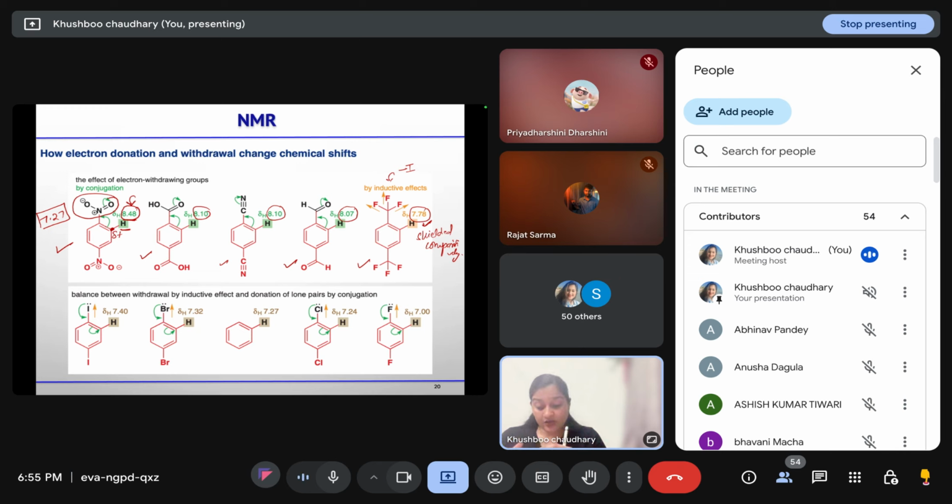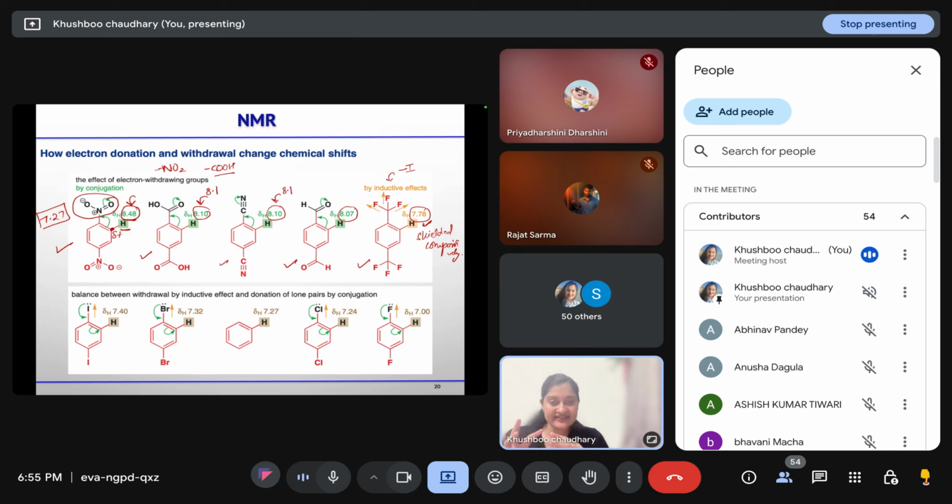Now we will compare nitro with the COOH group, carboxylic acid group. Nitro is more electron withdrawing than COOH. That's why, compared to the nitro, the value is upfield, 8.1. Similarly, in the case of the nitrile group, it is 8.1.